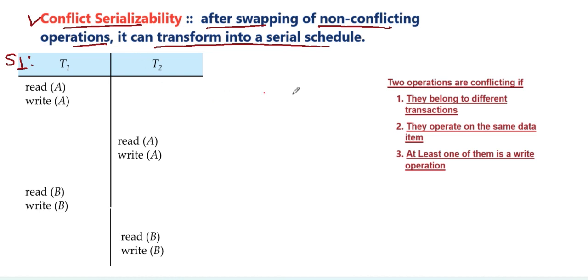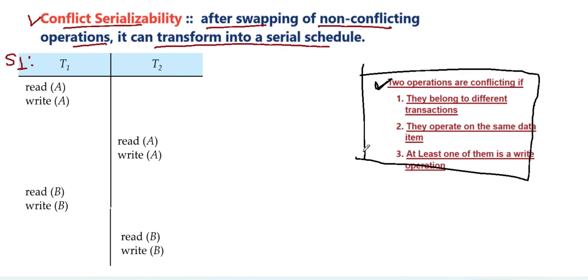So in this schedule we have to identify the non-conflicting instructions. You already know the conflicting instructions. If two operations belong to two different transactions, they operate on the same data item, and one of them is a write operation, then we call them a conflicting pair of instructions.